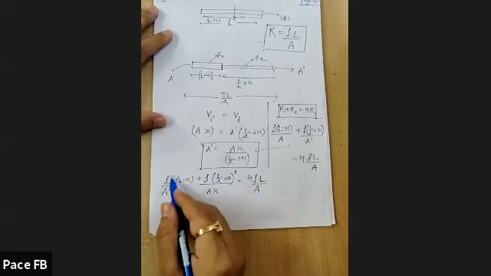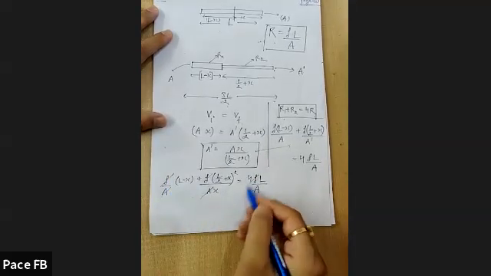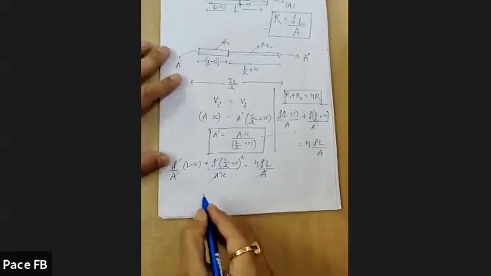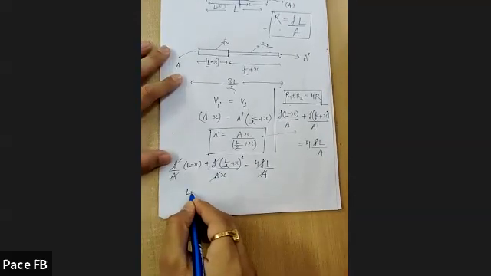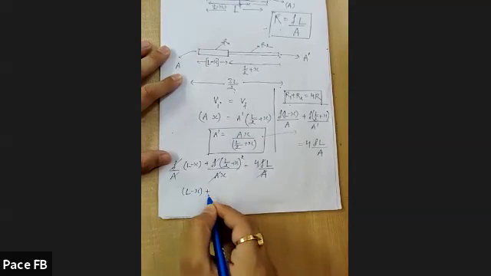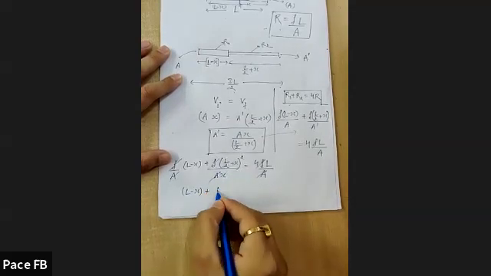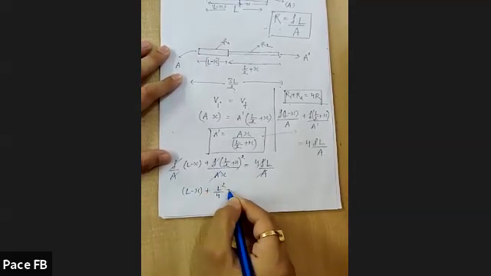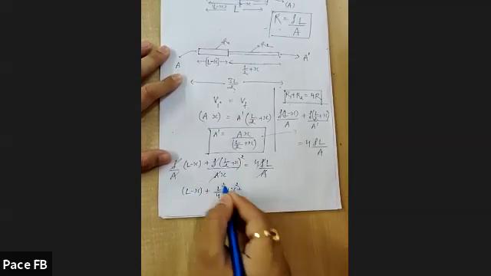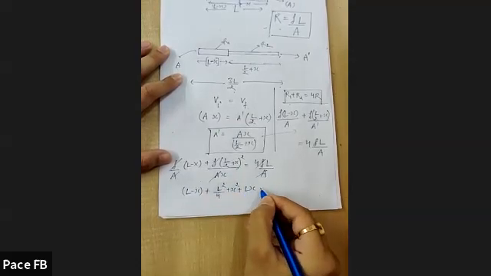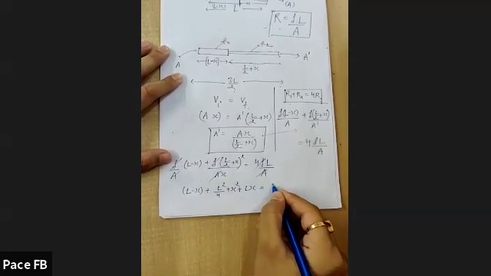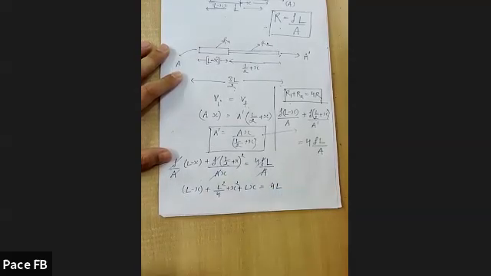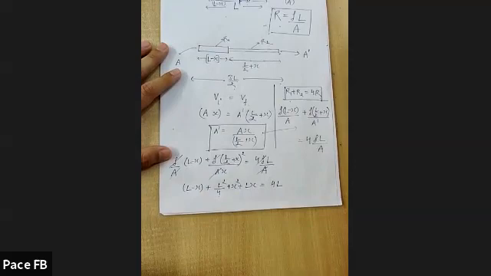Rho by A cancels out. Now solve. L minus X plus L by 2 plus X whole square, using A plus B whole square equals A square plus B square plus 2AB, would be L square by 4 plus X square plus LX, is equal to 4 times L.